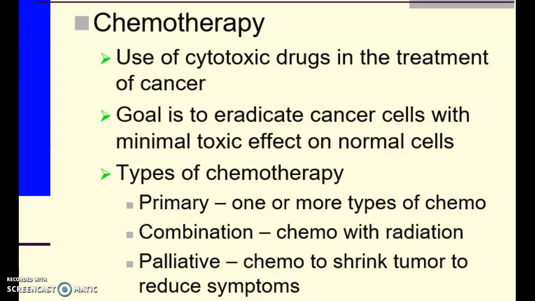But they are basically poisons that we put in the body with the intention that the poison will kill the weak cancer cells faster than it will kill the healthy primary cells. There are all kinds of different chemotherapies and they all work in different ways, but mostly they work by either starving the cell to death or stopping the cell from being able to reproduce.